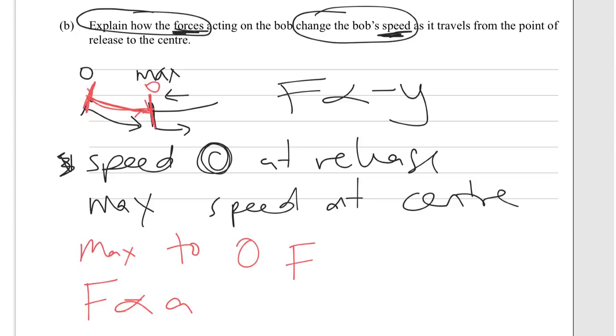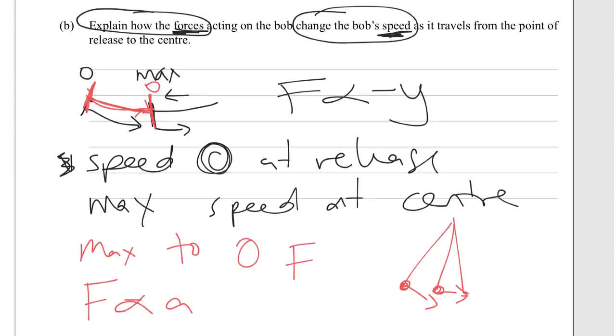One thing they're probably not expecting you to talk about, but might be worth mentioning, is that the component of the force due to gravity that is pulling it back into the center is going to be decreasing as your pendulum bob goes to the center, until you've got nothing.